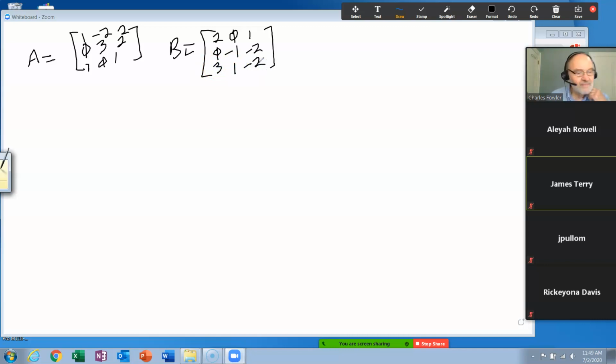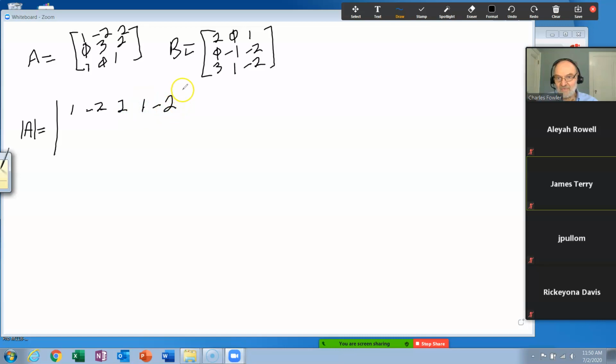Okay. Now, they ask us to do several things. The first thing they said is to find the determinant of A. Now here's how I'm going to do it. It may not be the easiest way, but I think it will be pretty straightforward. I'm going to expand, because that's a 3 by 3, do a 1, -2, 2, 1, -2.